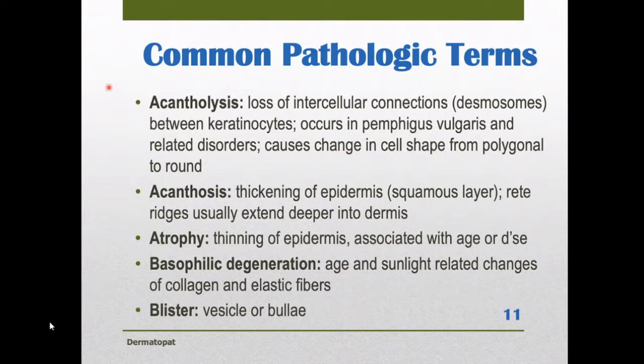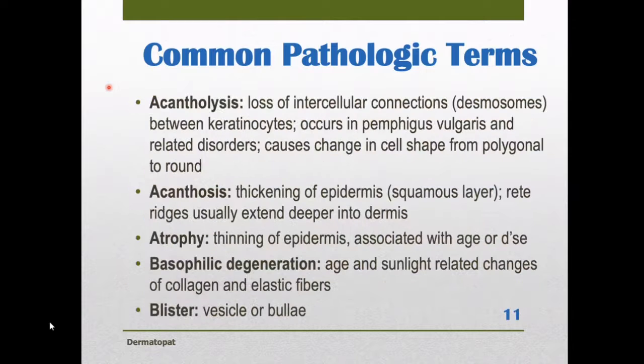Blister, as we saw, it is a vesicle or bulla, which means there is a nodule, something looking like a nodule, which is raised above the surface of the skin, but which is filled with a fluid.